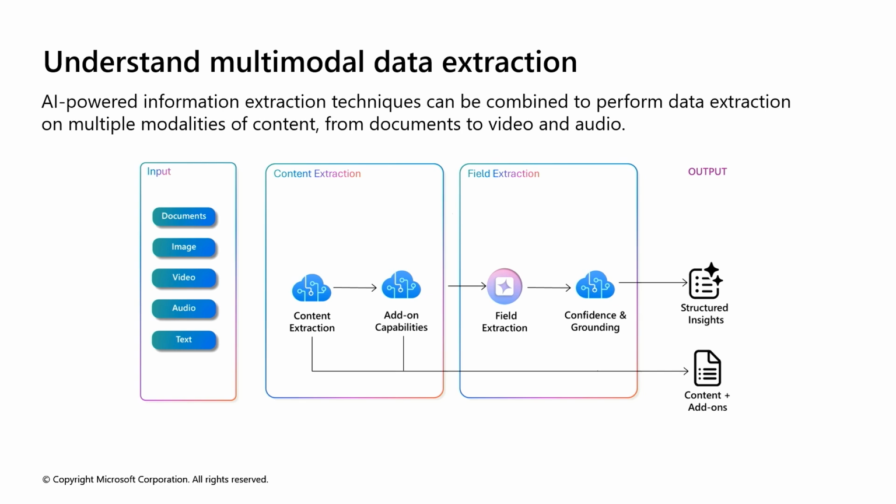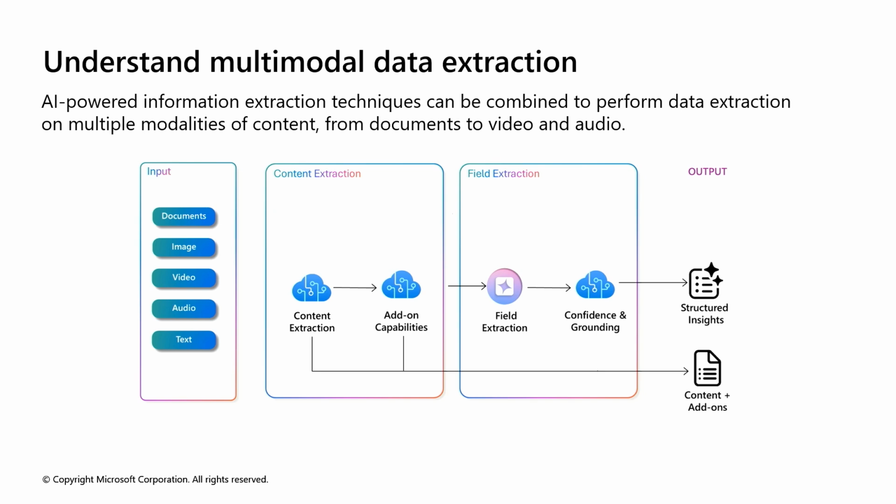Speech recognition converts spoken words into text, whether from recorded audio files or live streams, making them ready for further analysis. Generative AI adds flexibility by allowing users to define custom fields such as summary and generate values based on unstructured content.